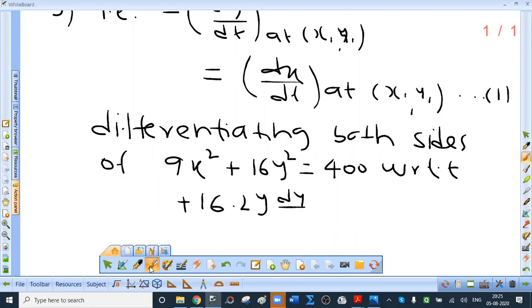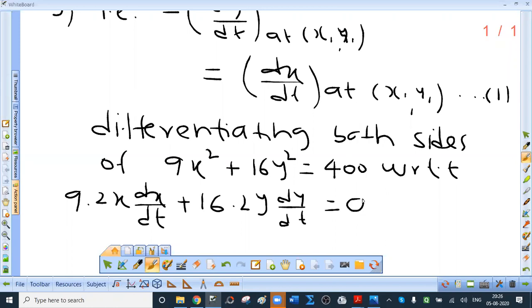So what will be the derivative? Derivative of 9x square is 9 into derivative of x square, which is 2x, into what? dx/dt. Because of chain rule, a term in x is first differentiated with respect to x and then multiplied by dx/dt, plus 16 into 2y into dy/dt. What is derivative of 400?